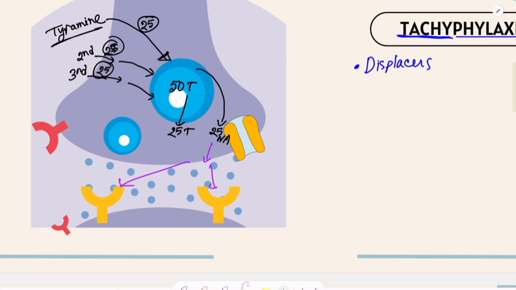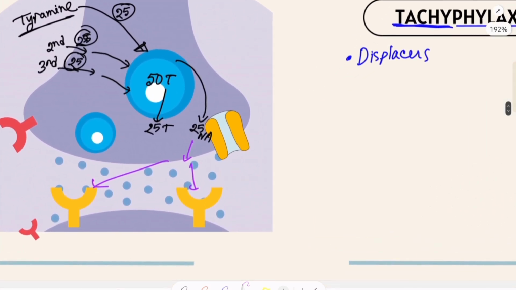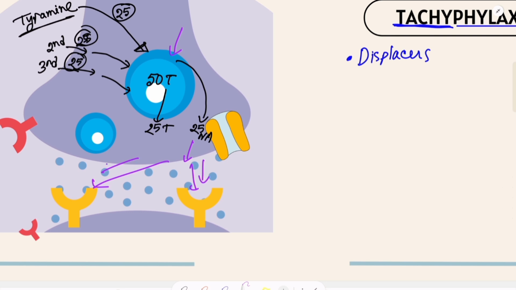They have mixed action. So, ephedrine, pseudoephedrine, and amphetamine have the displacement action like tyramine, and they can also directly stimulate the sympathetic nervous system, as they have both direct as well as indirect effects.